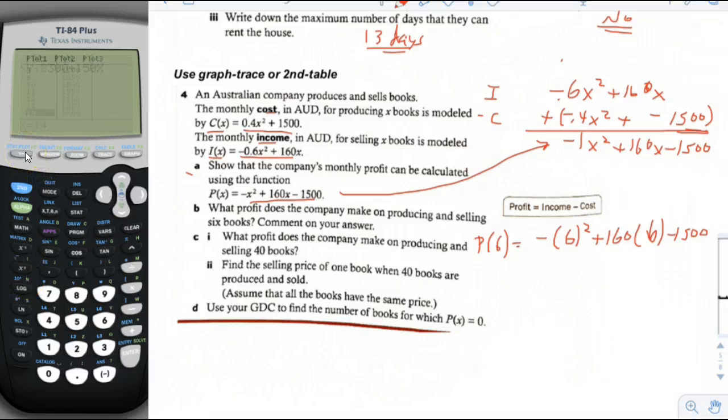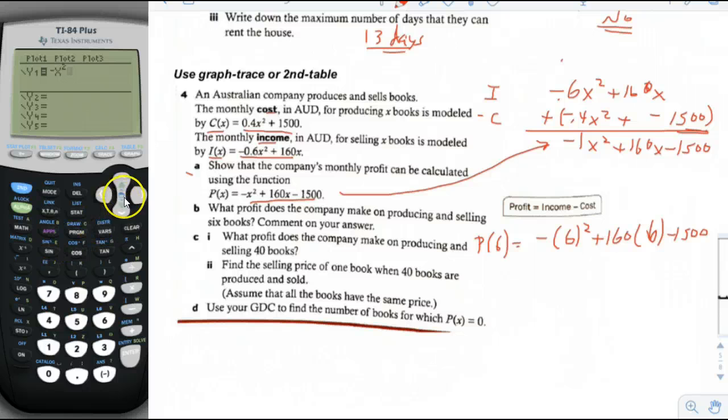Because I'm sure they're going to ask us several other things. So it's useful to have the equation in here, and we just can use it to calculate all the values. Oops, that wasn't the right one. My eyes are getting old, so I can't see the small letters anymore.